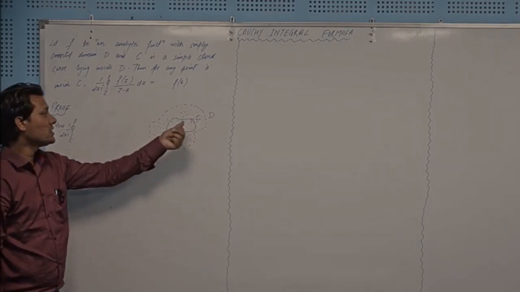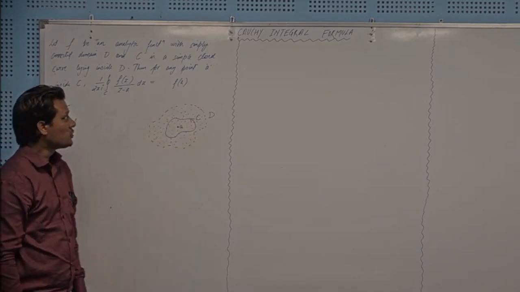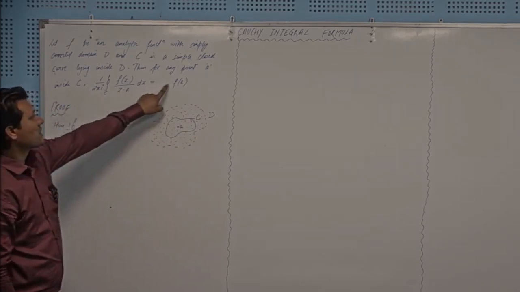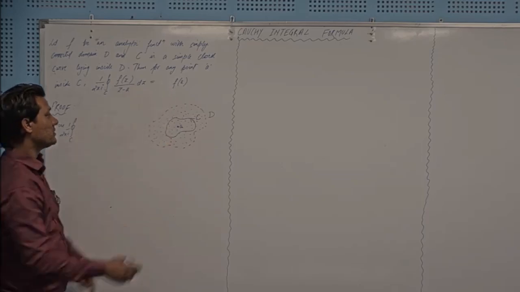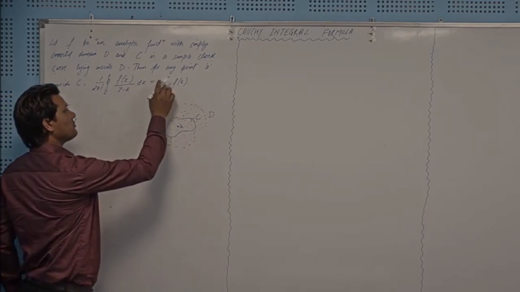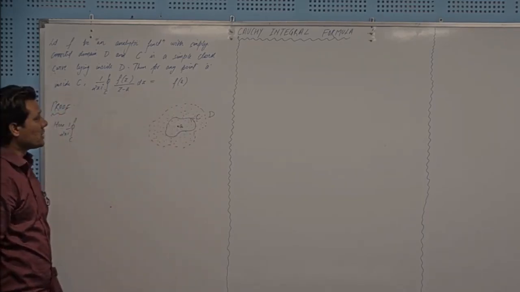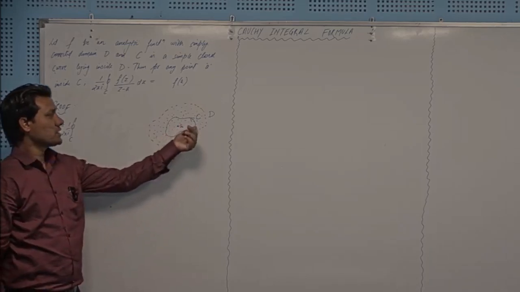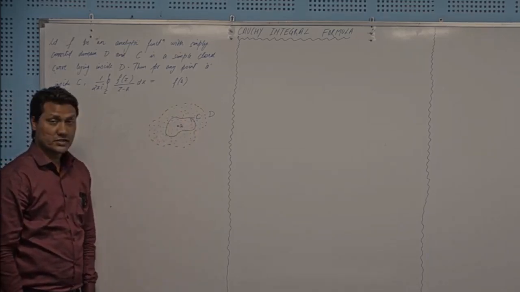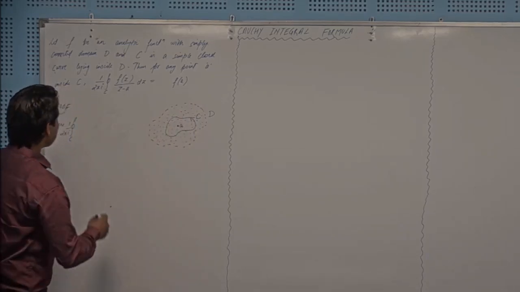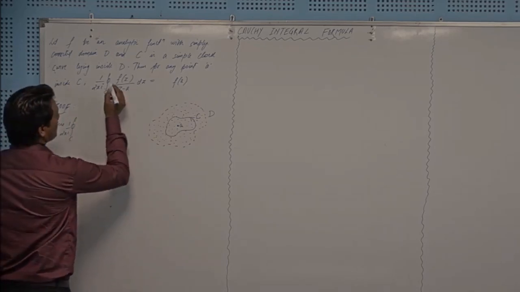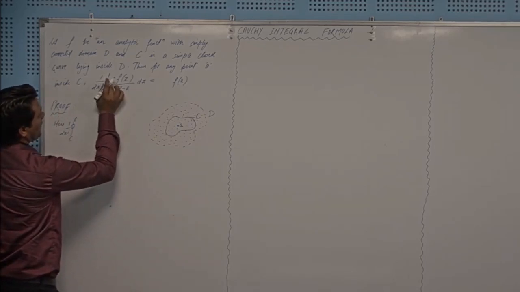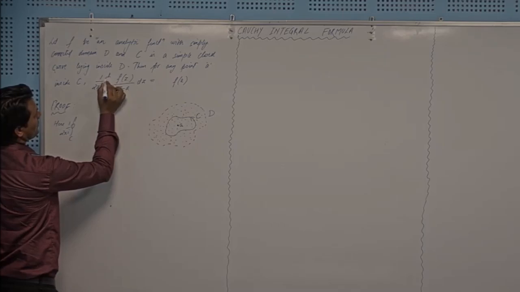So conventionally we take anti-clockwise direction, and that's why we have this plus sign here. Had it been clockwise, then this will be minus of f(a). So conventionally we always take anti-clockwise, counter-clockwise direction. Or you can put a circle with an arrow here, indicating the direction of this contour.